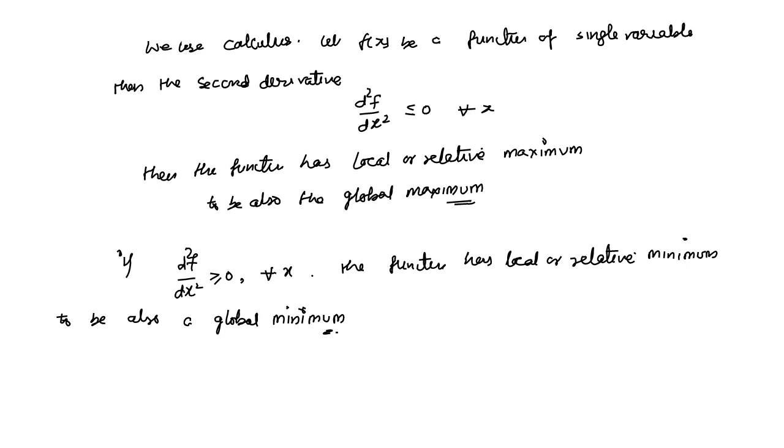If d square f upon dx square is equal to 0, then it is neither convex nor concave, so we need further investigation. Here we also check the concavity and convexity.